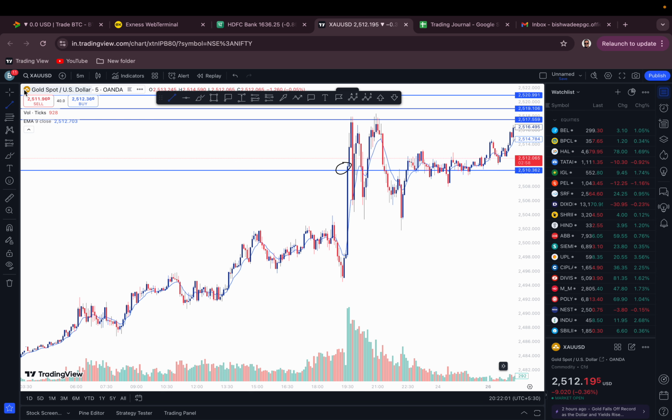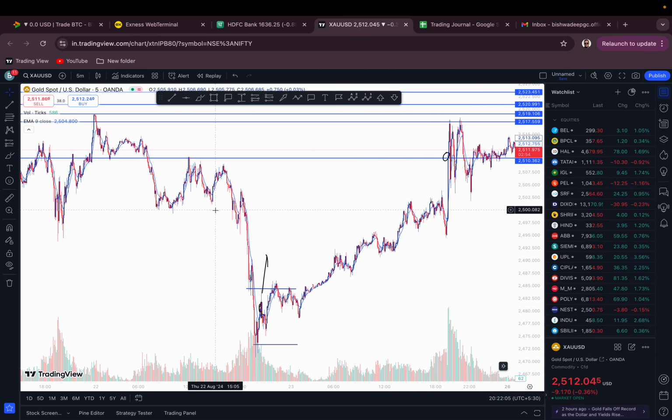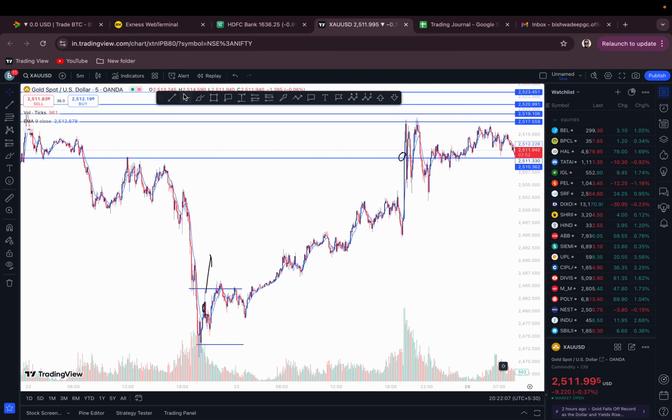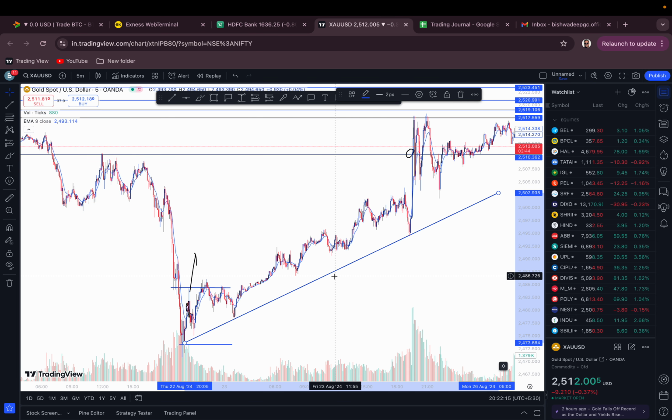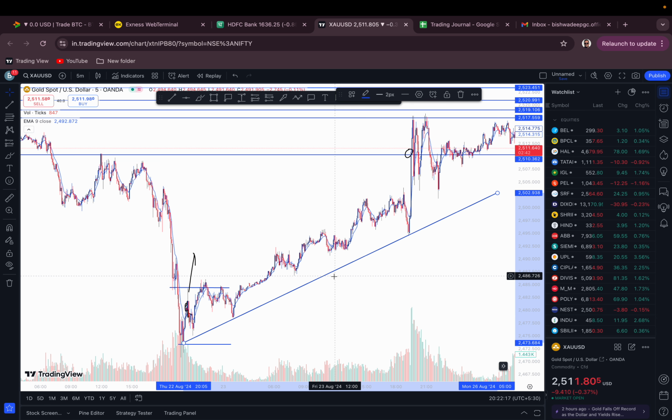So let me show you the reason or the analysis behind that. See, let me draw this trend line. You can clearly see the market is in the uptrend movement.